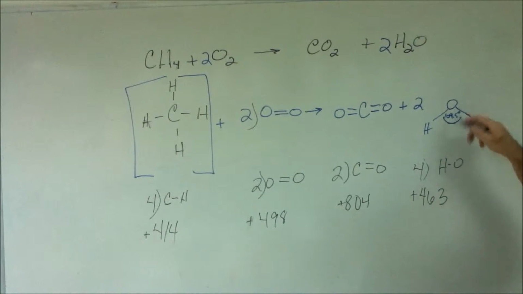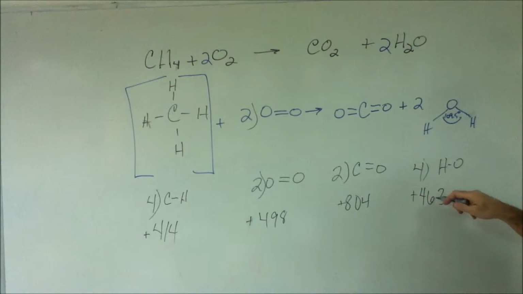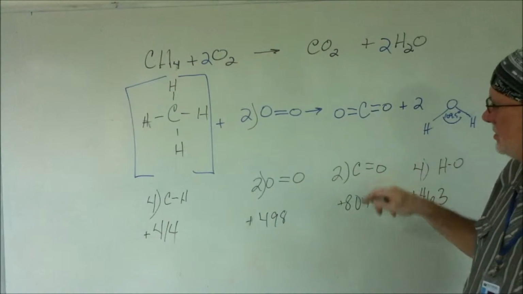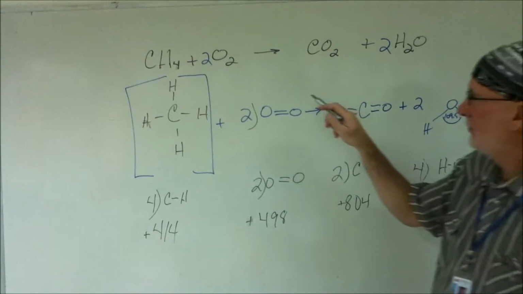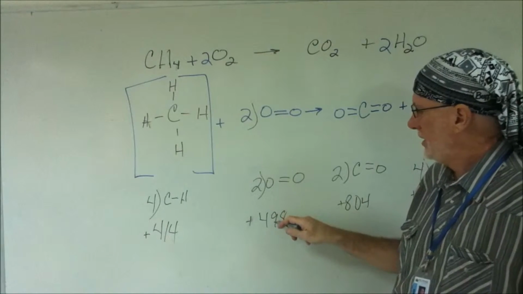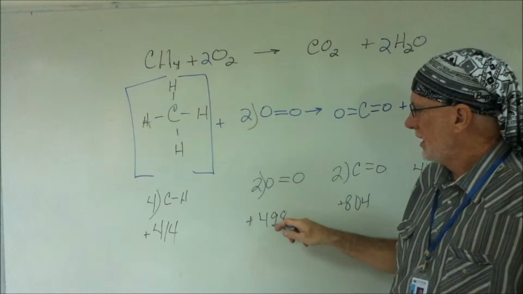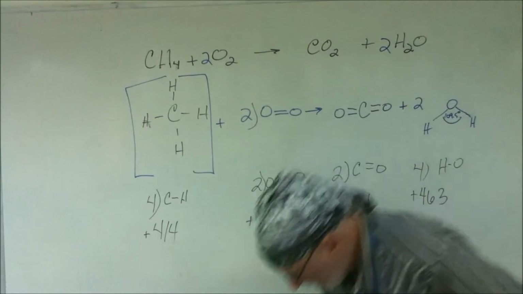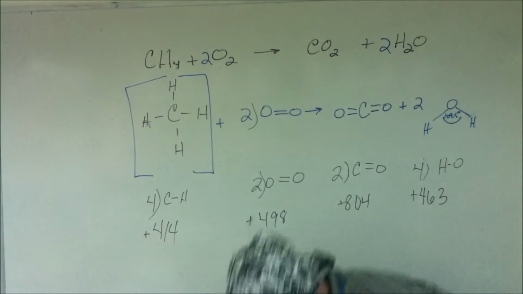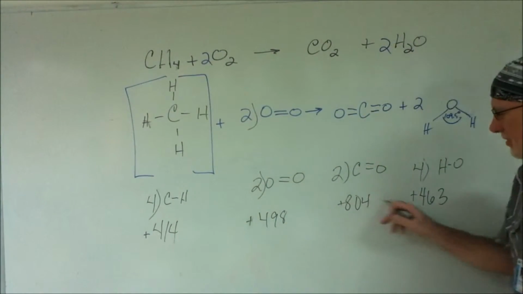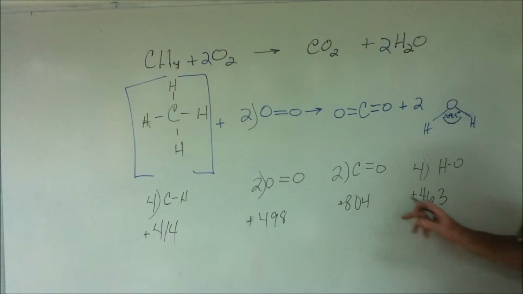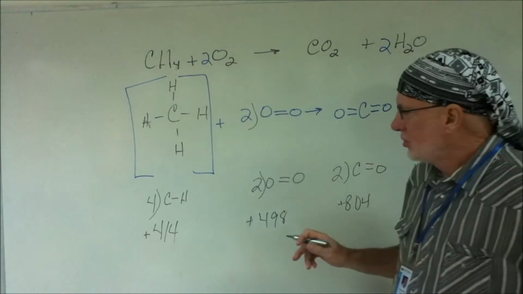So we have 4 of these, is that correct? We have 2 of these, is that correct? Okay. So now we're going to multiply out. Now remember, these are going to be forming, right? Okay, good.